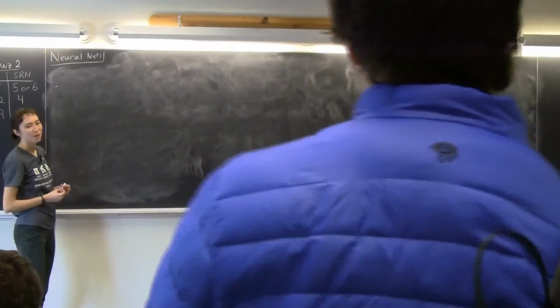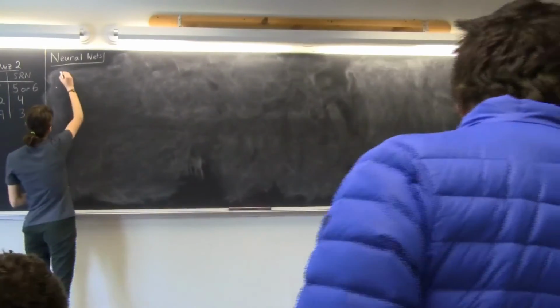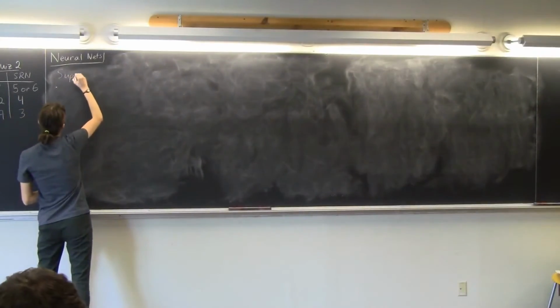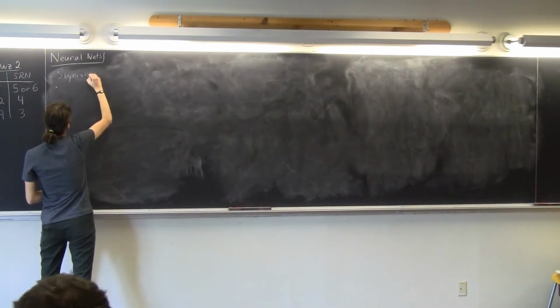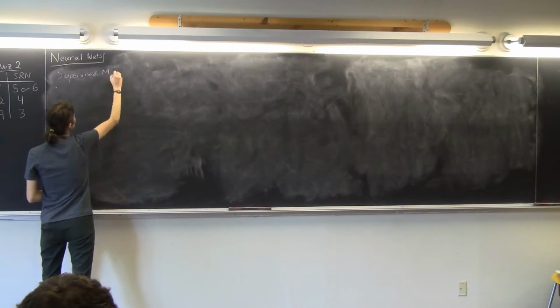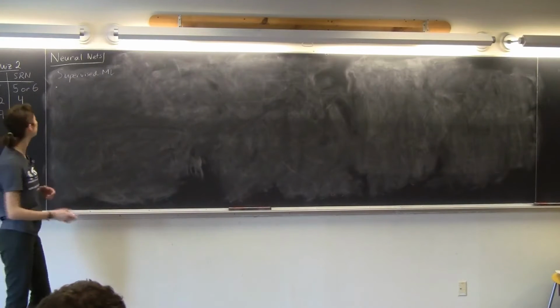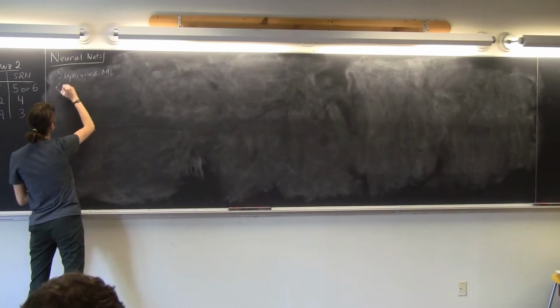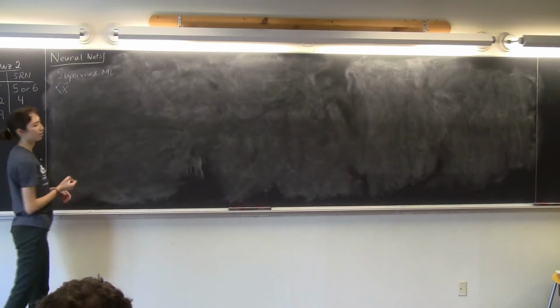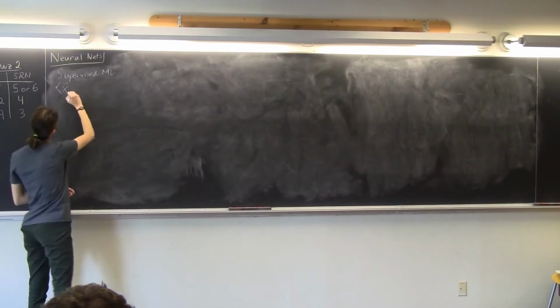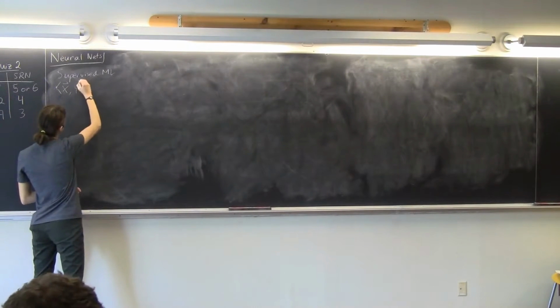Last week we talked about supervised machine learning, where the general idea is that we had a bunch of training data with known features and known classifications that we represented as a vector of x, the features, and y, the classification.